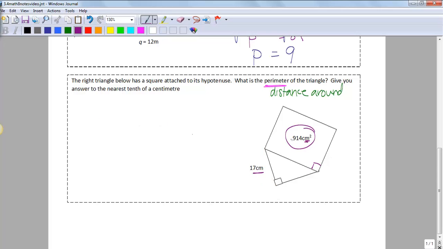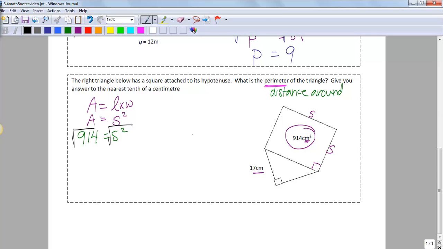So if I want to find the side length, remember doing this one? Area equals length times width. But in the terms of a square, it's side squared. Side times side, they're all the same. Here's my side, here's my side. Now in this case, you know the area. 914 equals side squared. To get rid of the exponent, square root, square root.